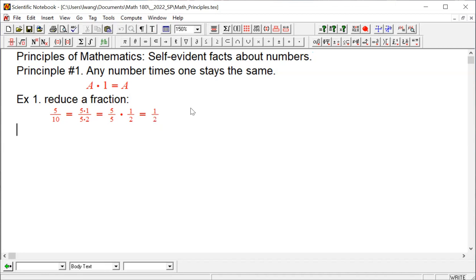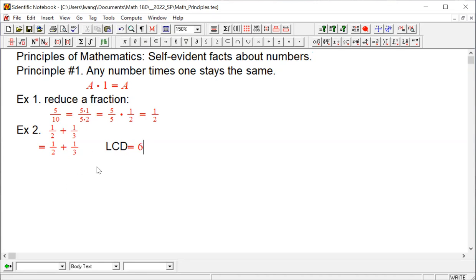Another situation where we use this property is when we try to find a common denominator. For example, we have 1/2 plus 1/3. We don't have the same denominator. We want to convert them to the same denominator, and the least common denominator, LCD, will be 6.